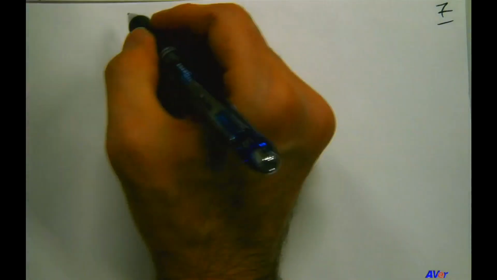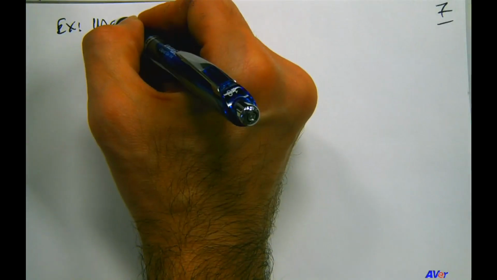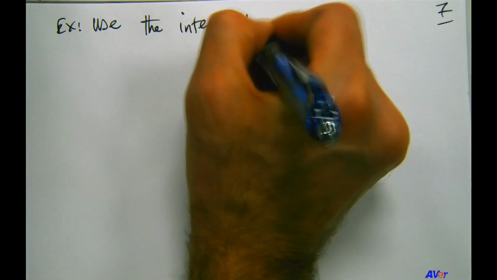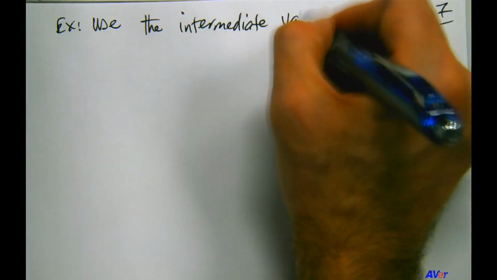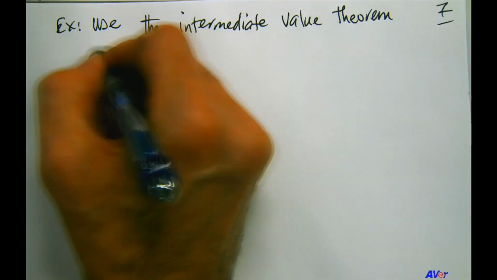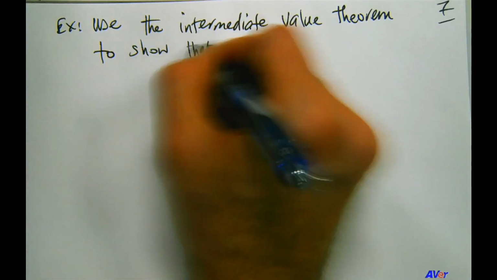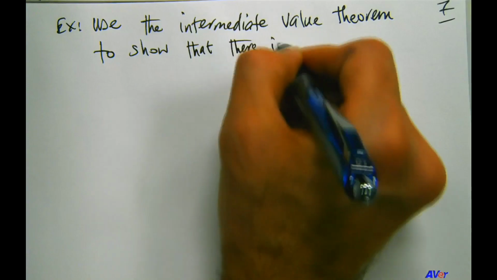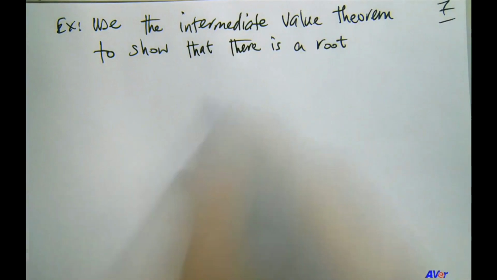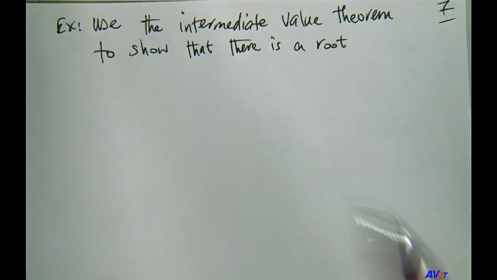So in this example, we want to use this, which is what we were talking about earlier when we talked about the big picture of the intermediate value theorem.